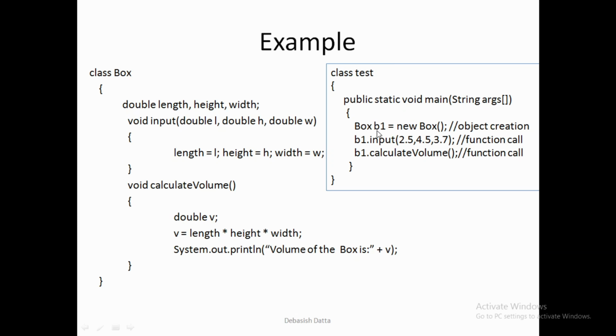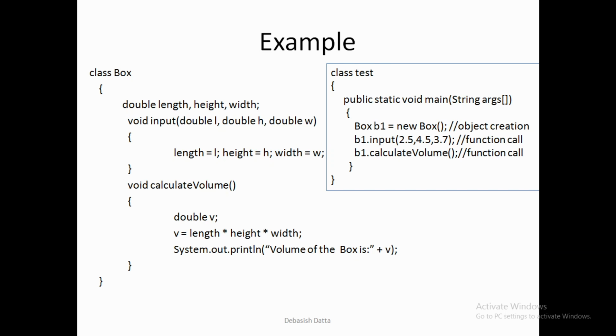That means B1 will have these three variables and these two functions in it. So as you can see, using this input function, I have put three values inside this B1 object.